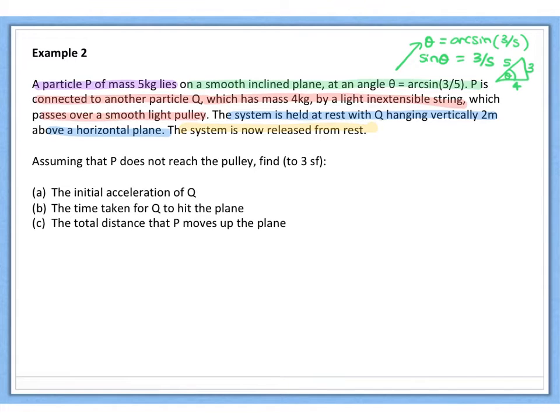Before we calculate any of these values, we need to draw an extremely clear force diagram and label everything on that diagram. So here's the horizontal plane. And here is my slope.